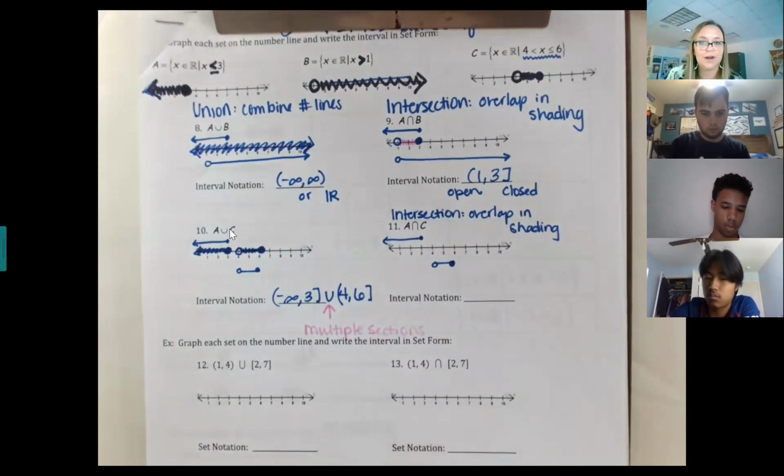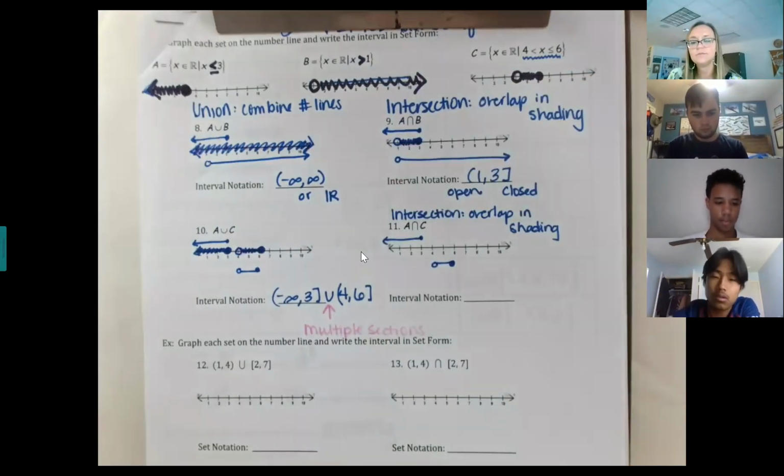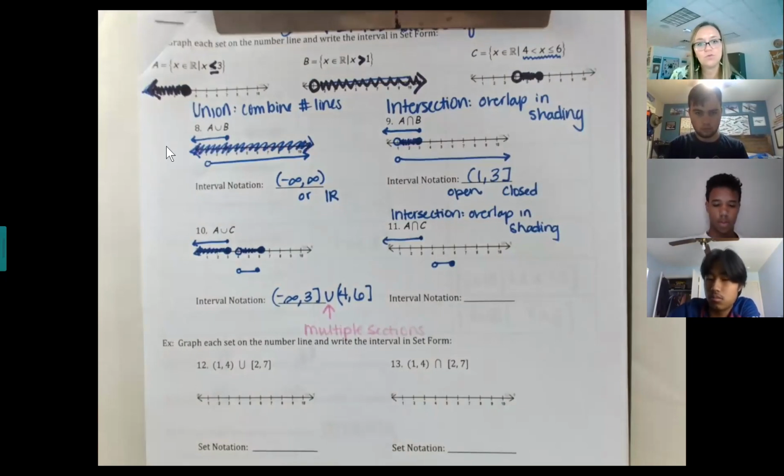And if they do, where? Anybody? Do those shadings overlap or no?